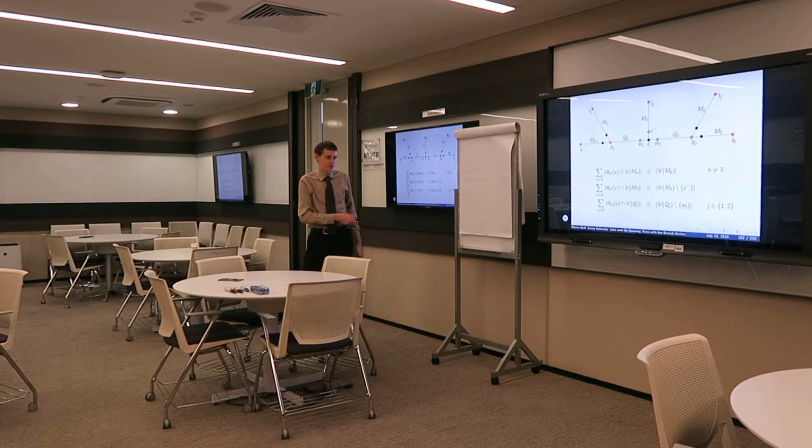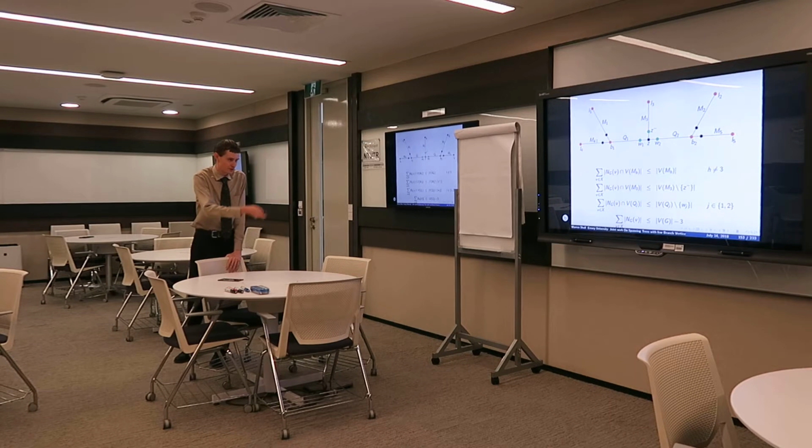And so the left-hand side is the total degree of the independent set. And the right-hand side is the order of the graph minus 3, because we've counted every part of the graph exactly once, except for those 3 that are in green that we left out. Okay, so that is how we show the total degree in that first case.